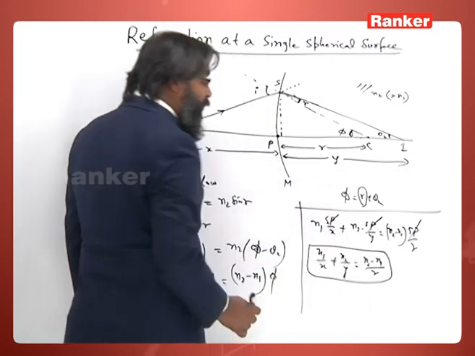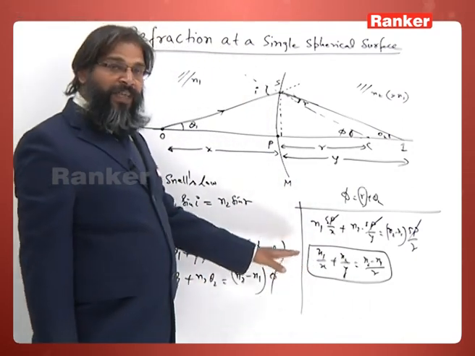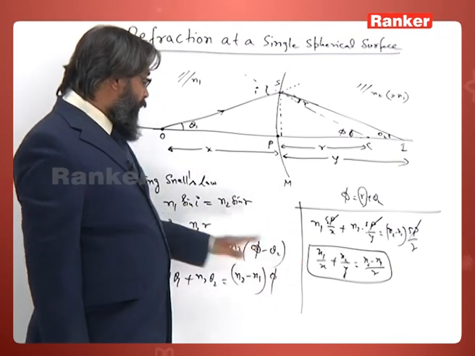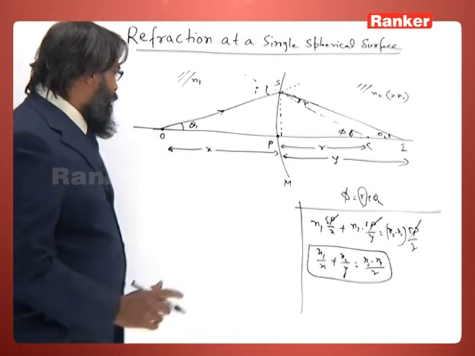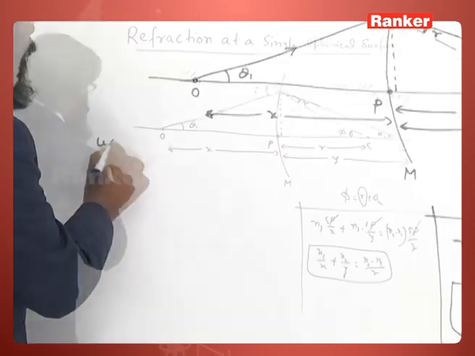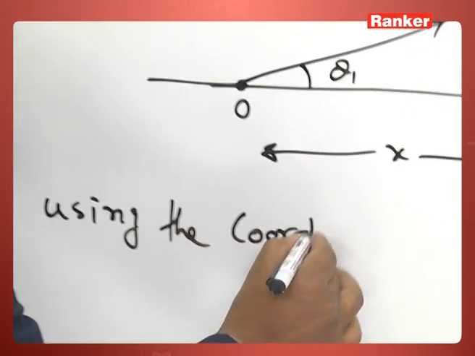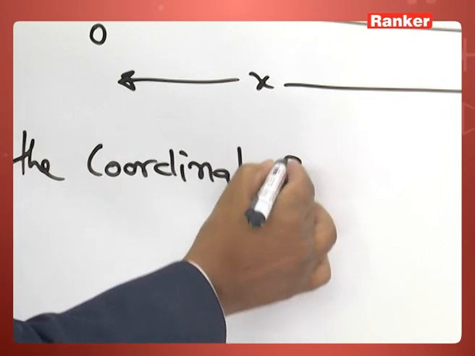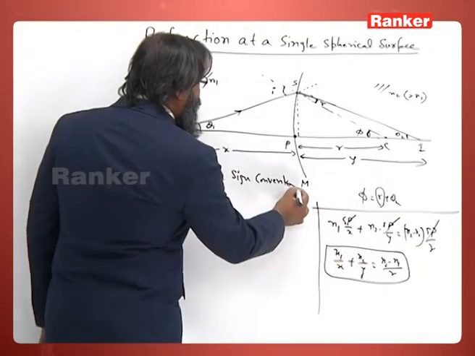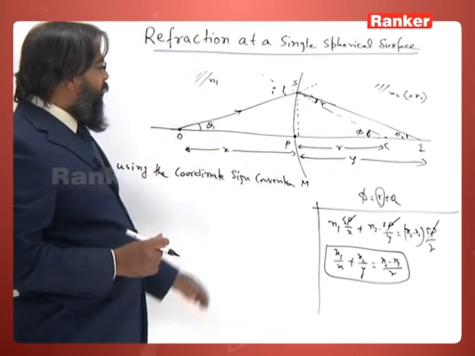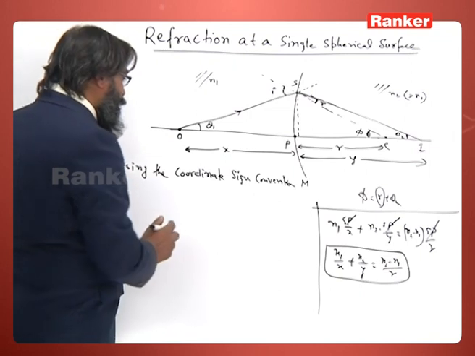This is a very important result. And now we are going to use the sign convention, our standard notion. Please take this down first. So, now let us use the coordinate sign convention, which we introduced in our previous session on reflection at spherical surfaces and mirrors.